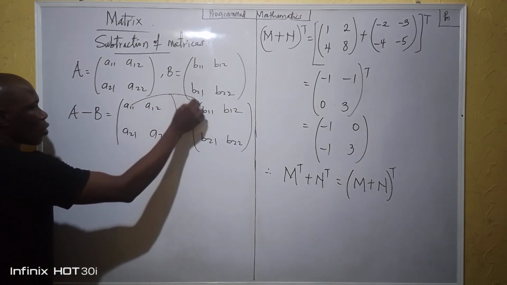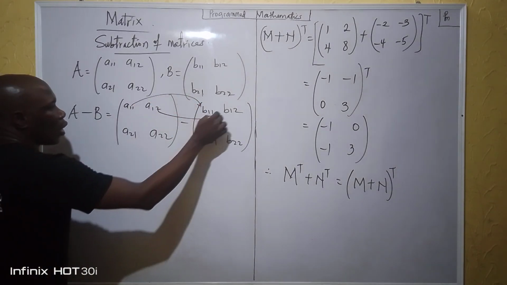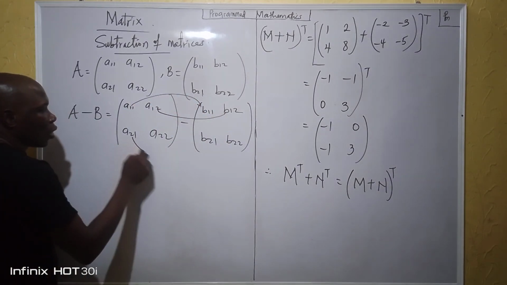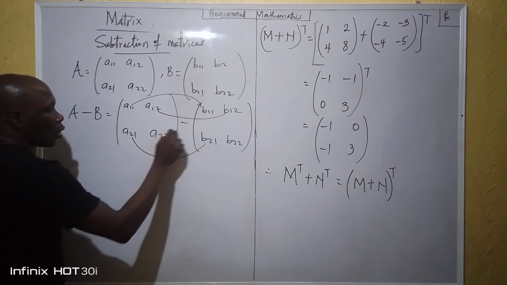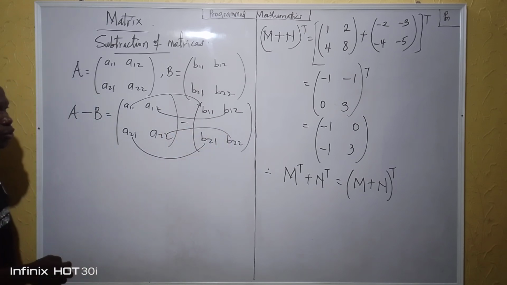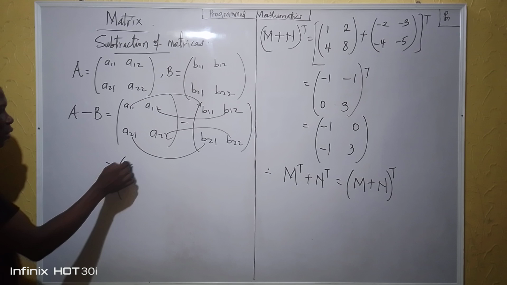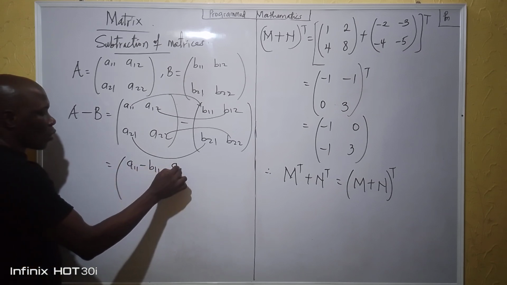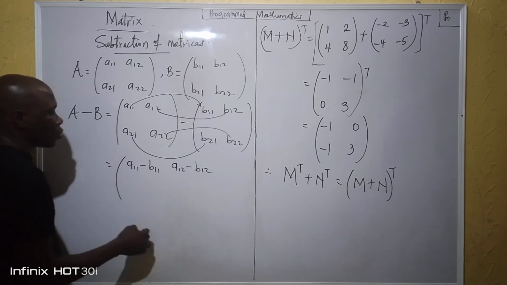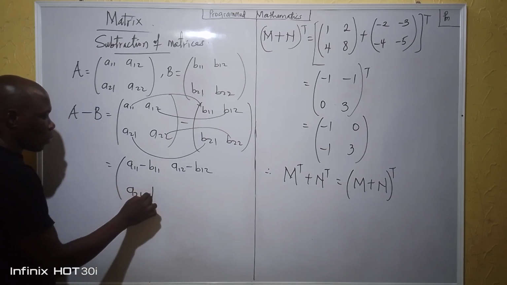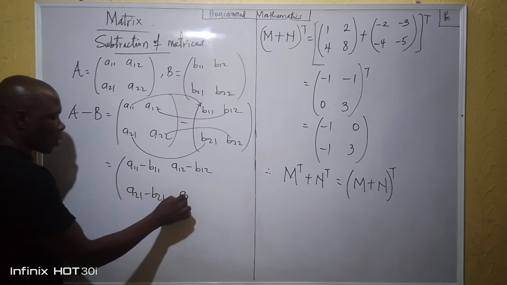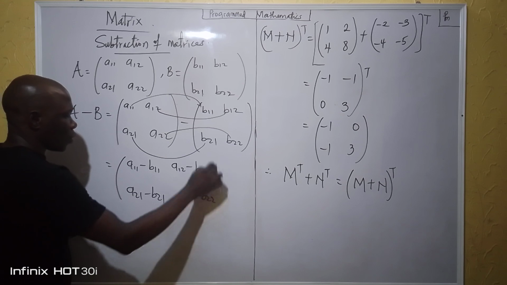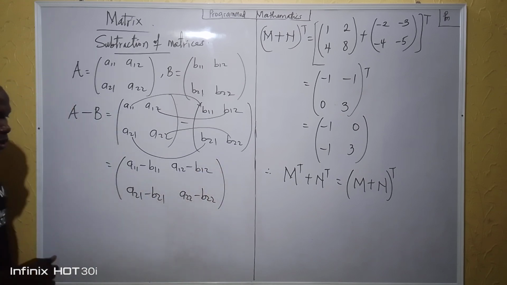So A11 minus B11, A12 minus B12, A21 minus B21, A22 minus B22. So this is how we subtract matrices.